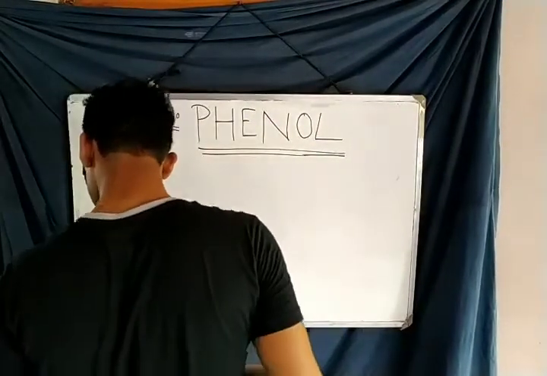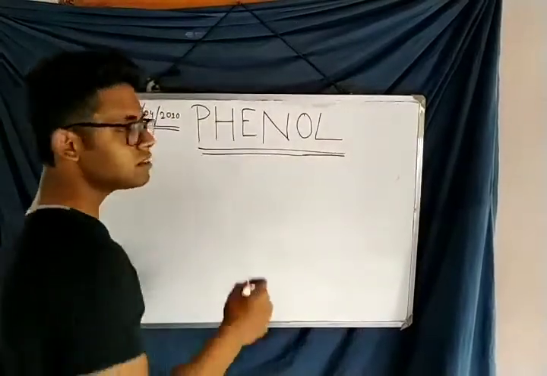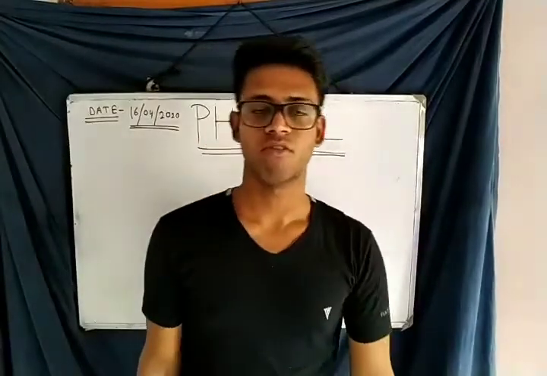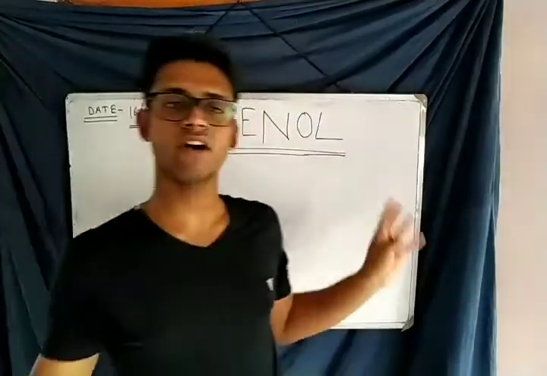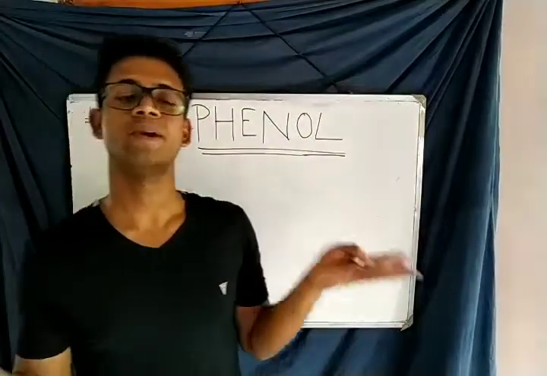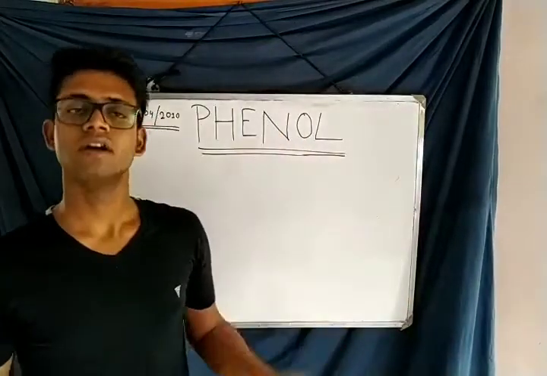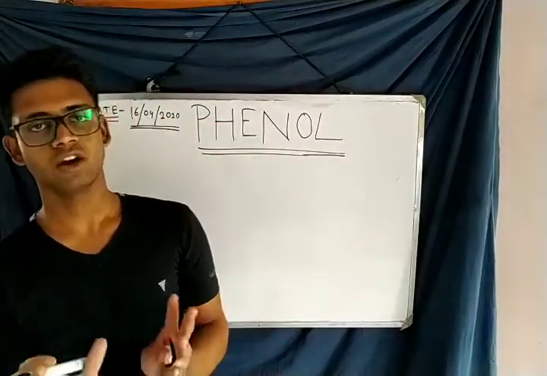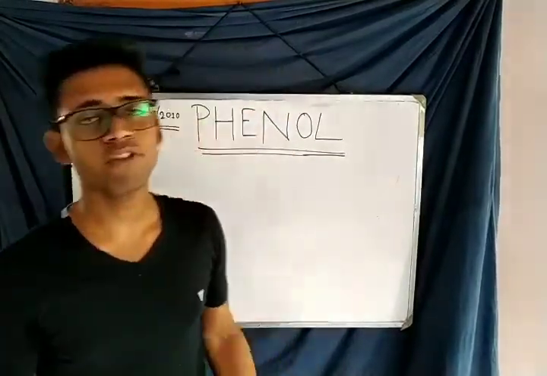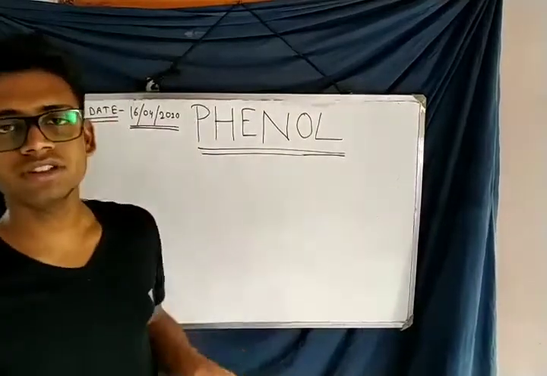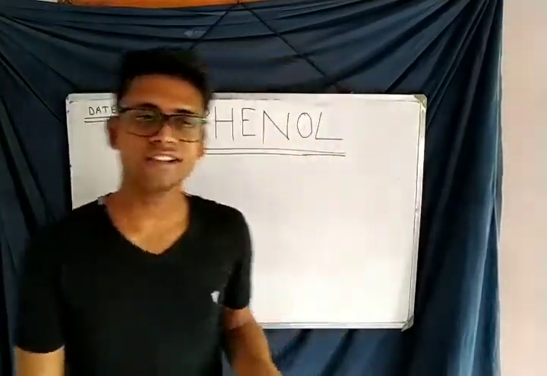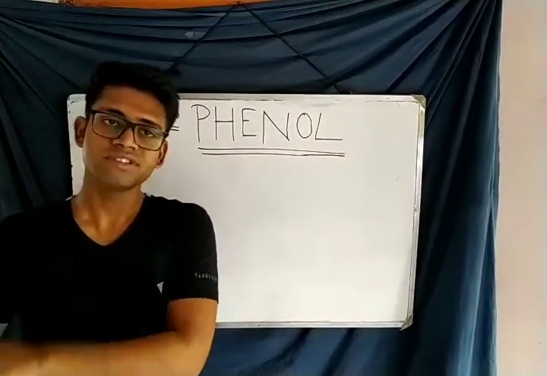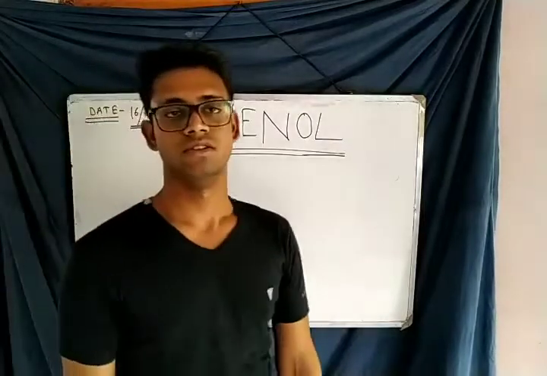The next one is the reaction of phenol with zinc dust. This reaction gives a hydrocarbon. What is a hydrocarbon? A compound in which no functional group is present. The simplest cyclic hydrocarbon is benzene. So how do we obtain it from phenol? If phenol reacts with zinc dust, the compound obtained from this reaction is benzene.